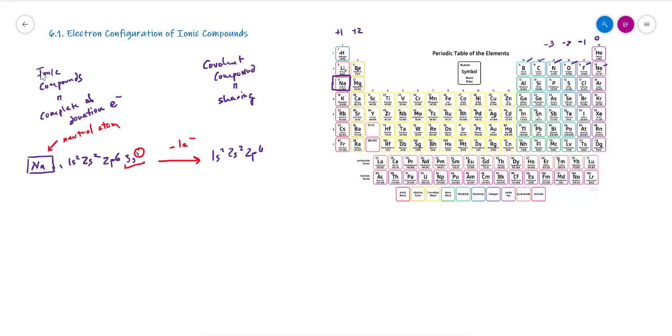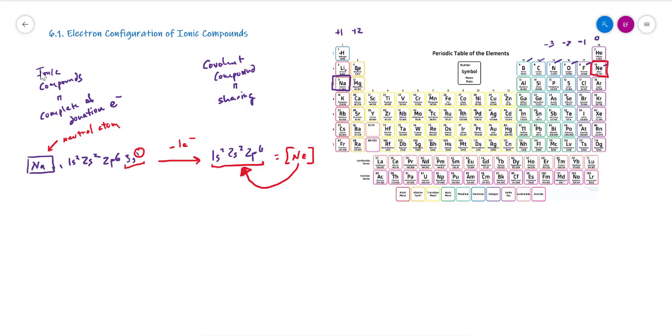That's going to be the easiest thing to remove, so we're going to end up with just this closed shell. Conveniently, what does this also look like? If we look back, it is the same as the next closed noble gas configuration, so it ends up being neon with nothing else added onto it. That's exactly why this ion tends to take the form that it does.